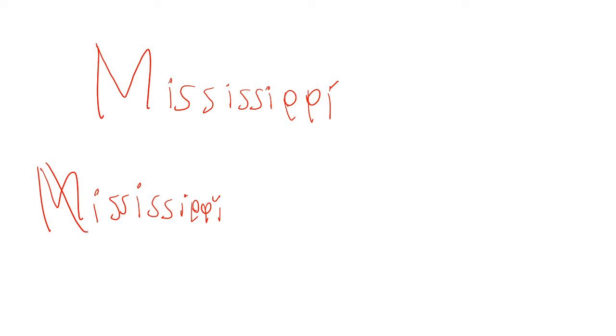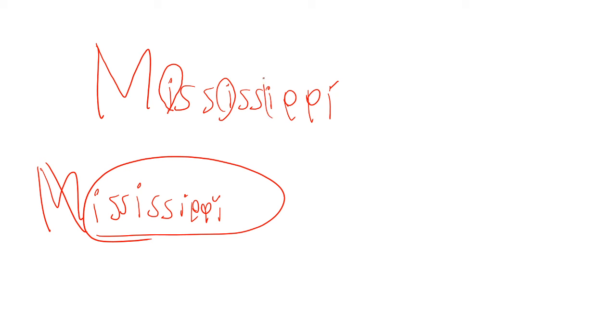We don't need the M for now. We're going to focus on this. We're going to circle the repeated elements here. There are 4 I's, and there are 1, 2, 3, 4 S's. And then we have 2 P's.